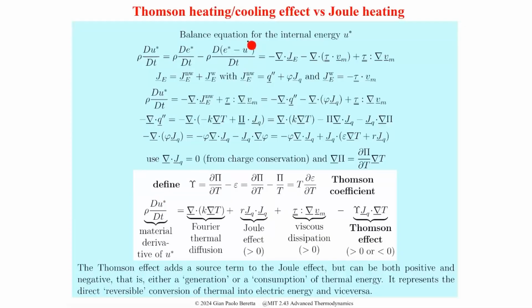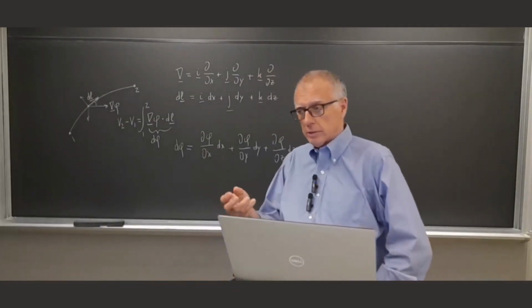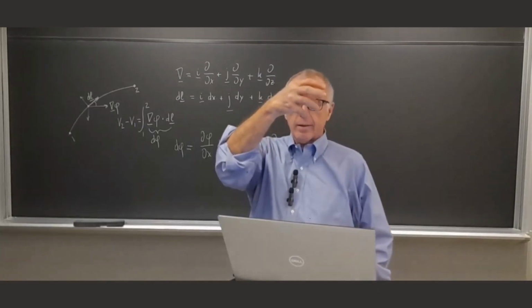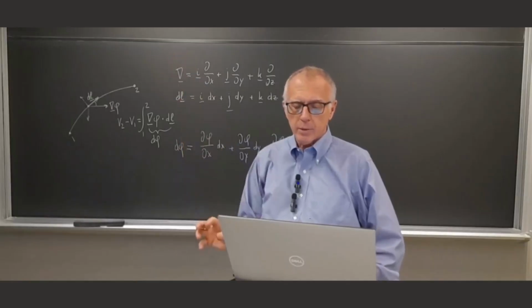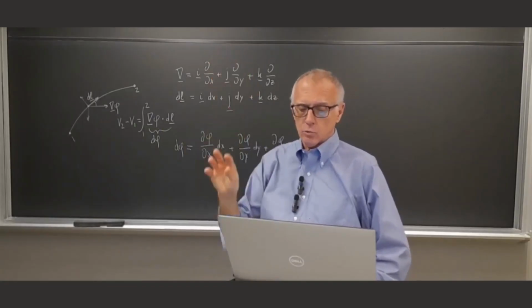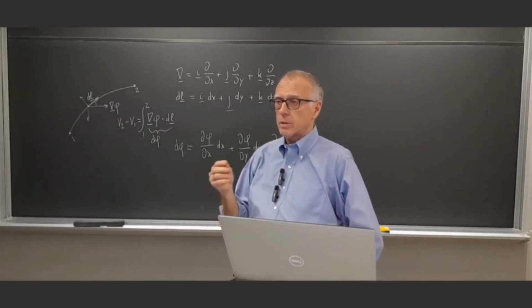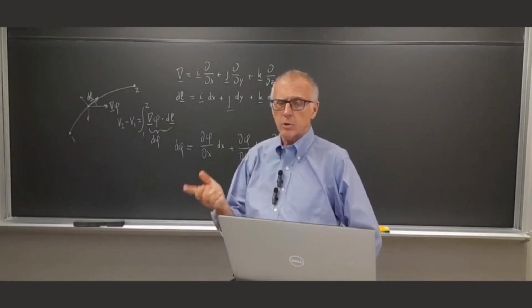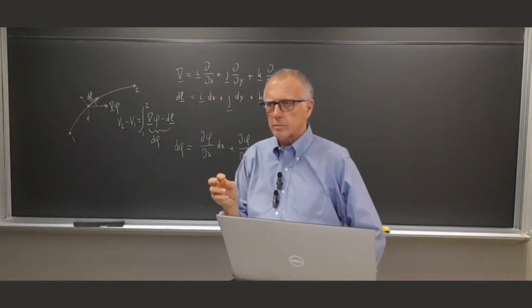If you had written the balance equation for the mechanical and electrical parts, this same term would appear there with a negative sign, so it would destroy mechanical and electrical energy. It appears here with a positive sign because it goes from electrical to thermal, and it's one way. It has a definite sign. It cannot be negative. It goes only in that way.